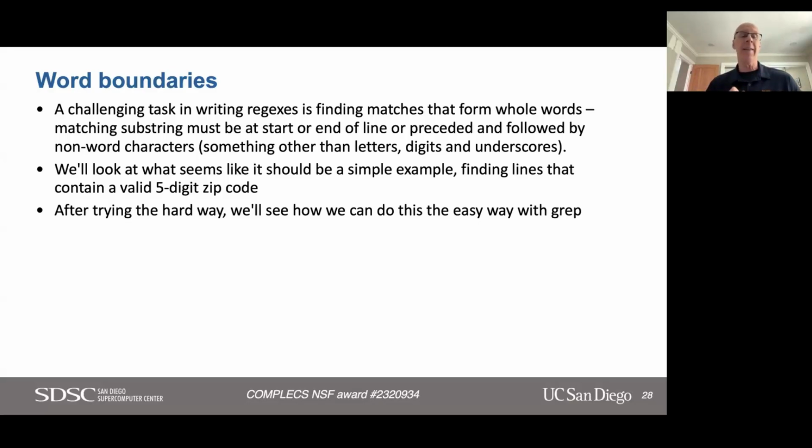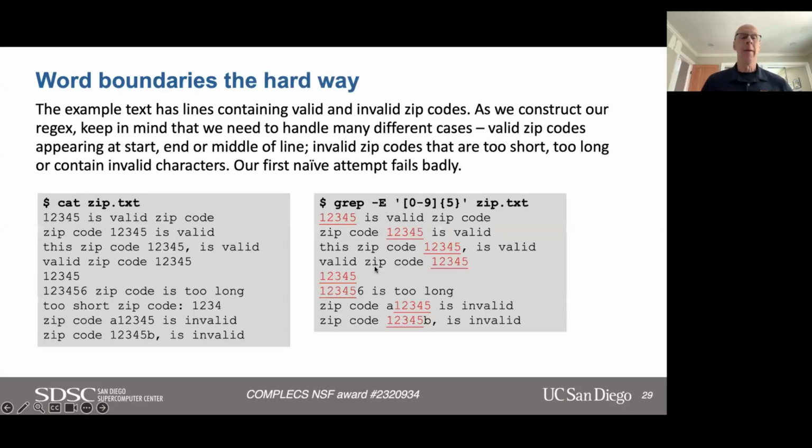So we're going to look at a slightly simpler example, something that seems like it should be pretty easy, and that is finding the lines that contain valid 5-digit zip codes. We're going to try doing this first the hard way, and then we're going to see how we could do this the easy way with grep. So word boundary is the hard way.